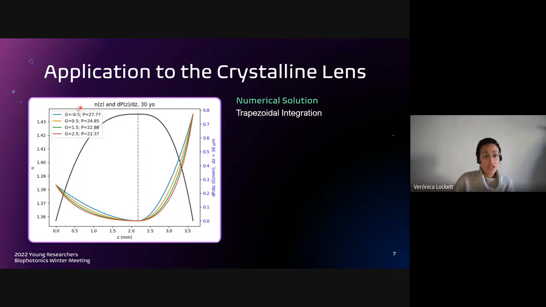This is shown for different G parameters. The blue would be negative 0.5, increasing from negative 0.5 up to 2.5 with these colors. And those are dP/dz, the derivative of the power on the axis, as we go along.